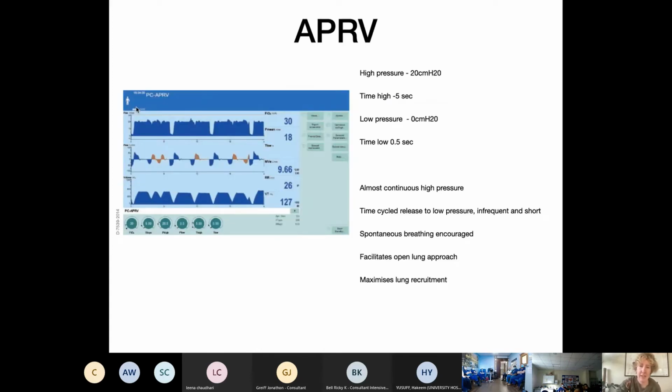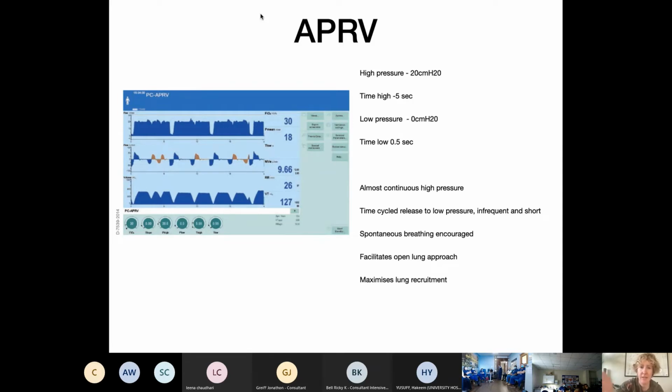And APRV, which seems to have become more commonplace in its use over the last few years. You can see the screen next to the text there demonstrates nicely how it's different to BiPAP.